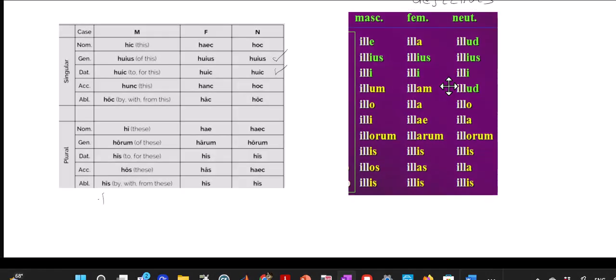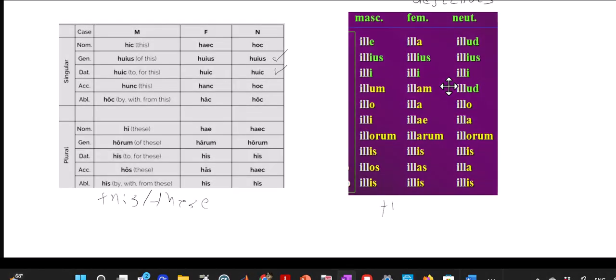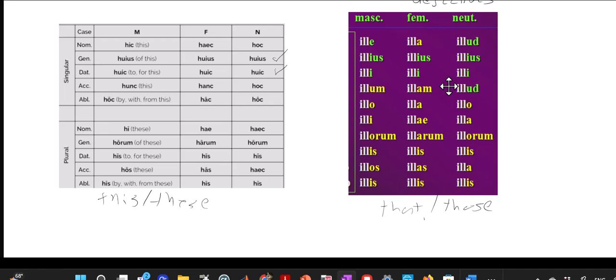This is this and these. And this is that and those. And it can also be the former and the latter. And just remember that the hic, haec, hoc is referring to something closer and the ille, illa, illud is something farther away.